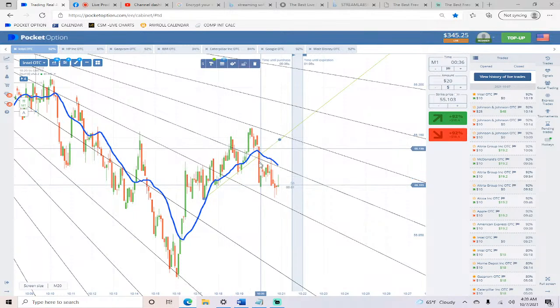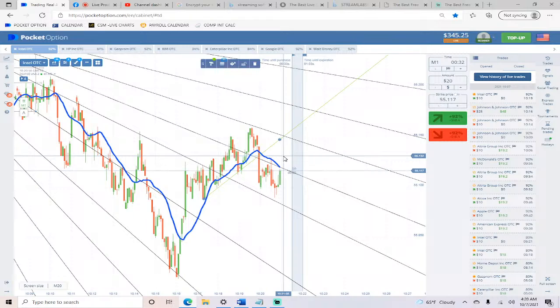Kind of hard to tell. That's a pretty huge candle break. Do we see a double top? We hit it? Oh, we basically did.